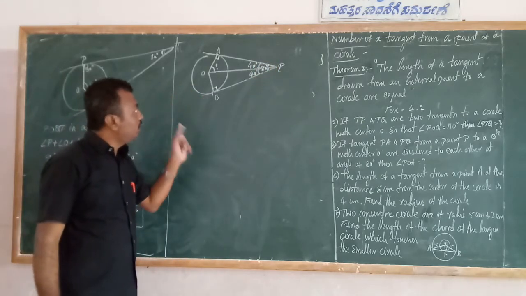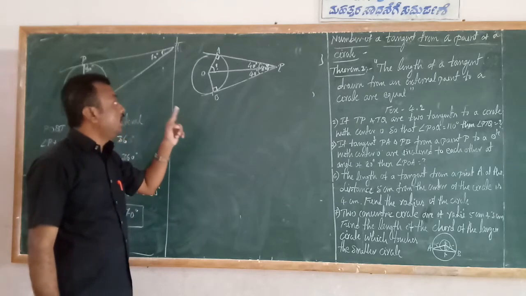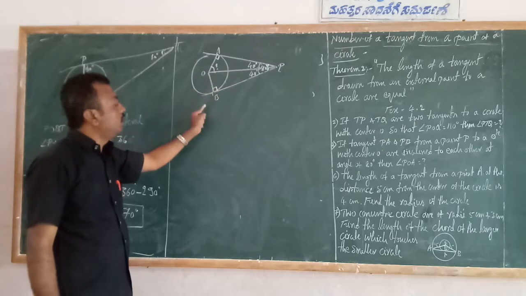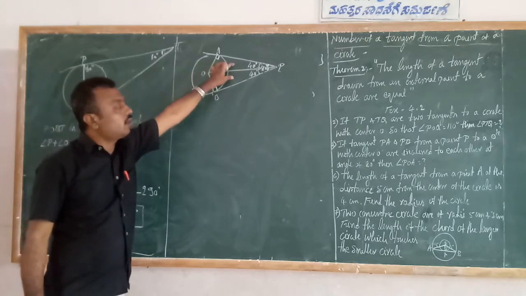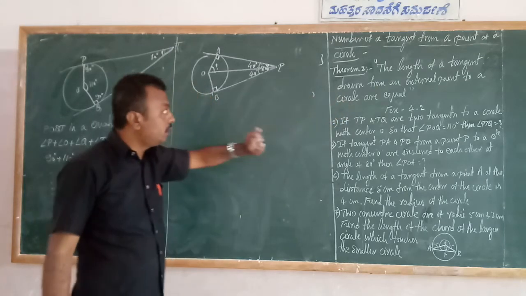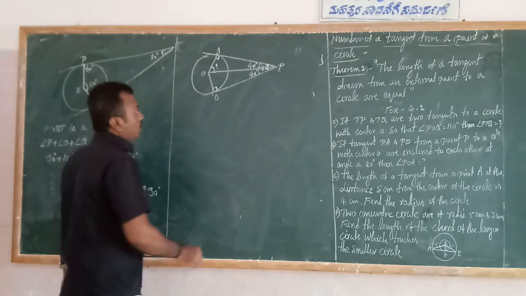Angle APB is 80 degrees, and because OP is the bisector of angle APB and the two triangles are congruent, as we already proved in the theorem, we have to use this concept.